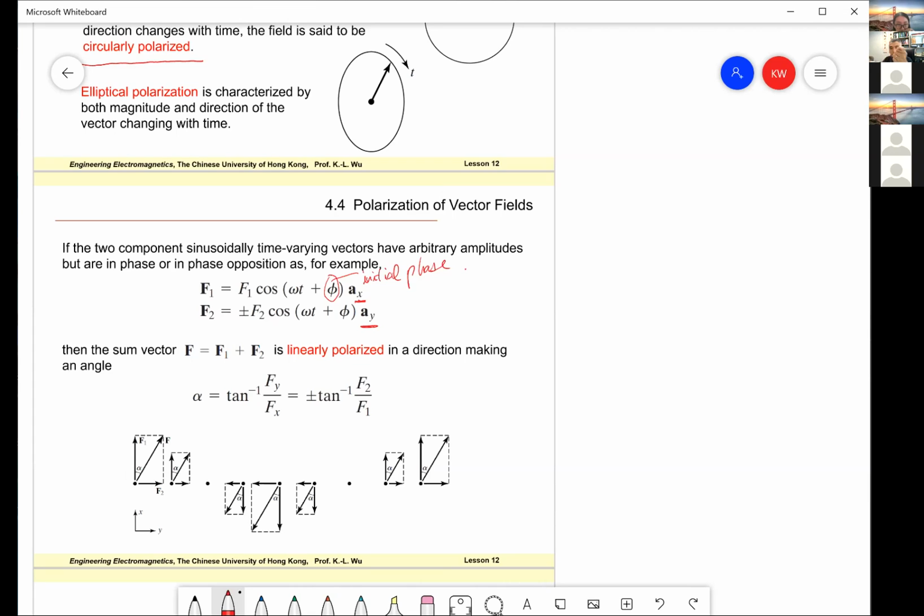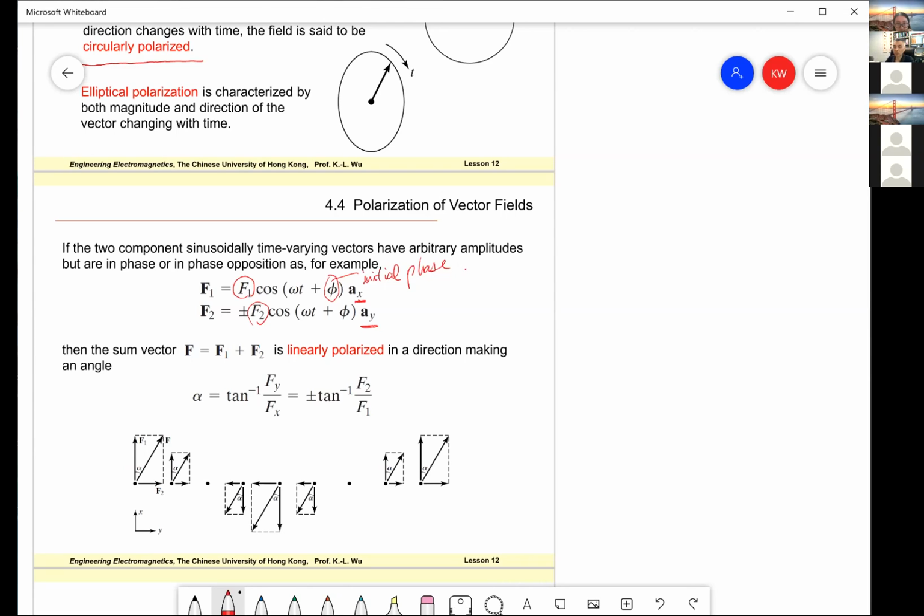Both are sinusoidal waves, but with arbitrary magnitude. In this case, you see the two waves are completely in phase.